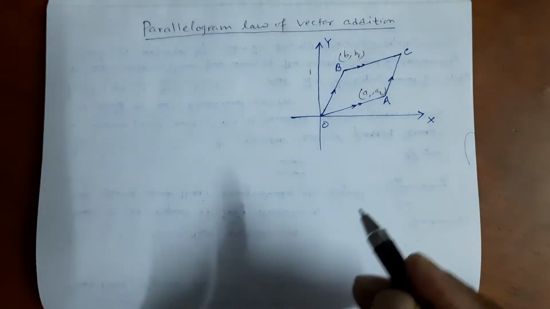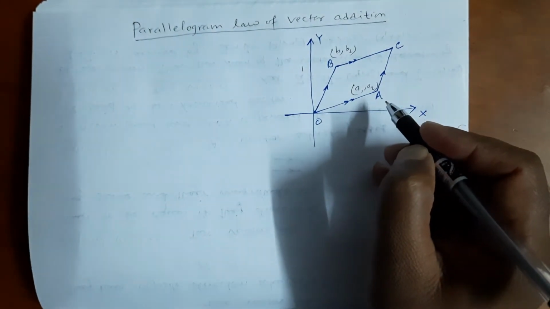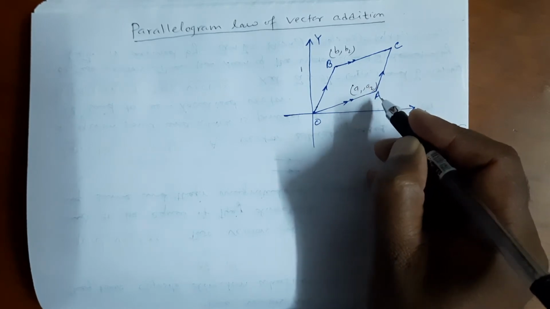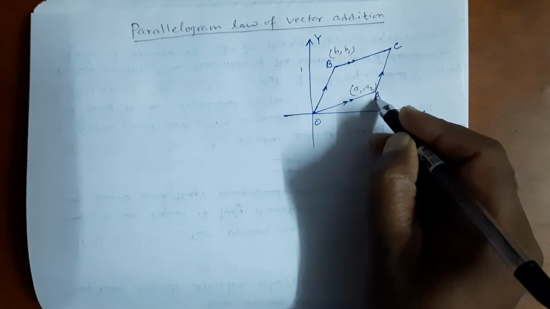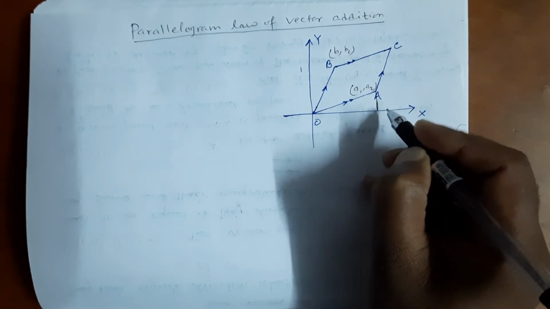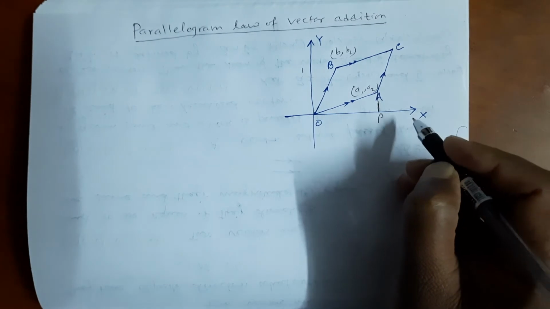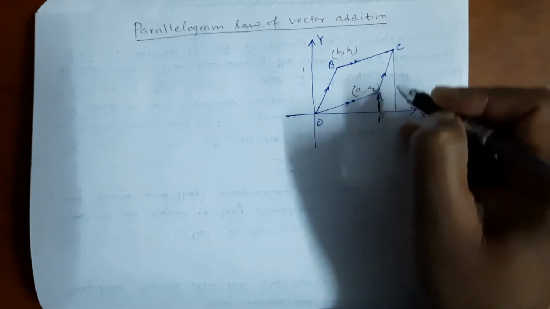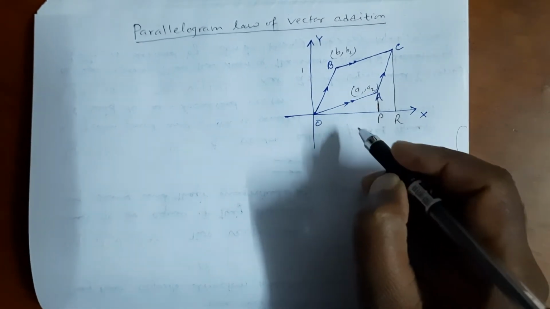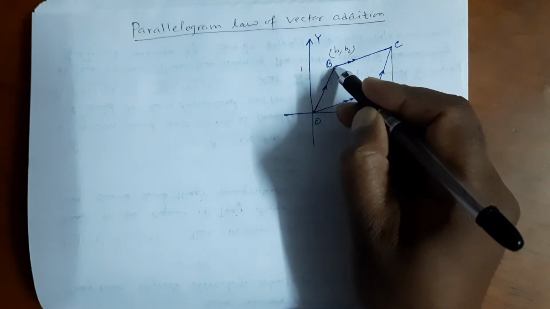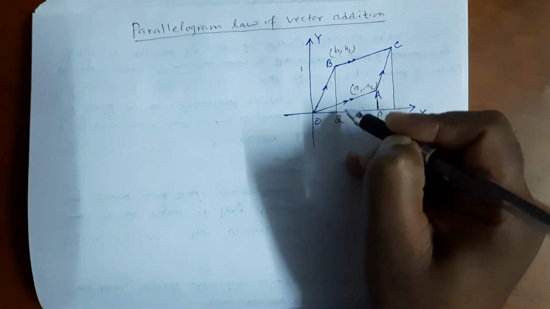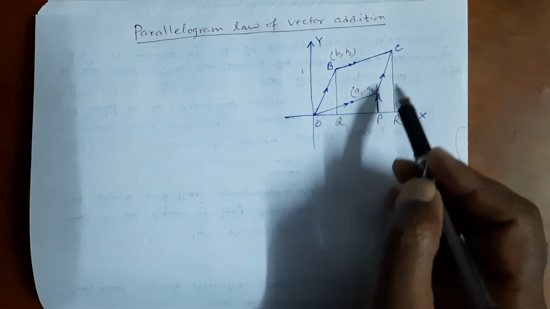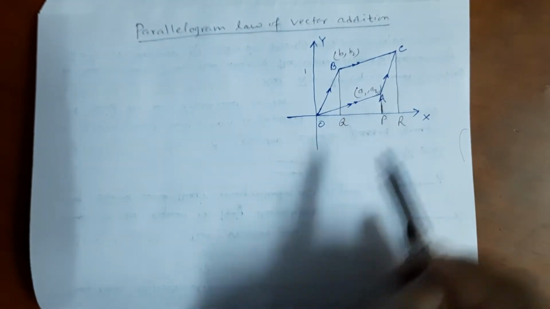From A, B and C, let's draw AP perpendicular to the x-axis, CR perpendicular to the x-axis, and BQ perpendicular to the x-axis.